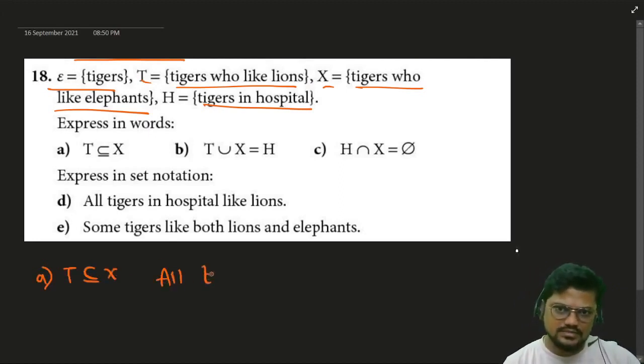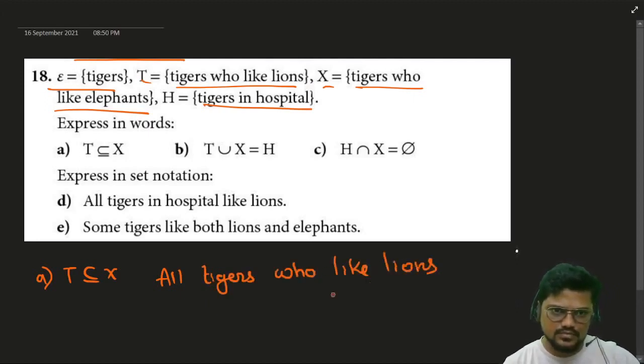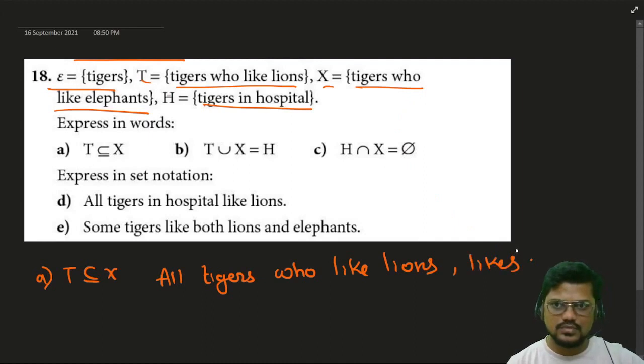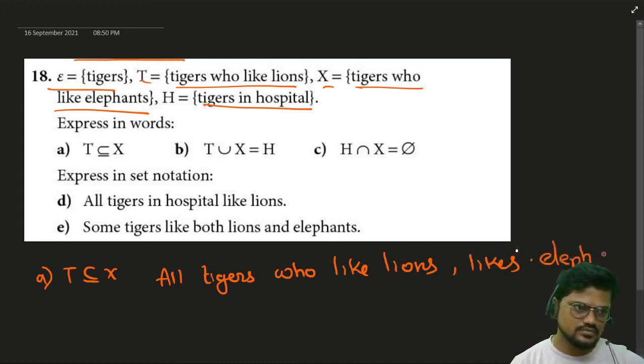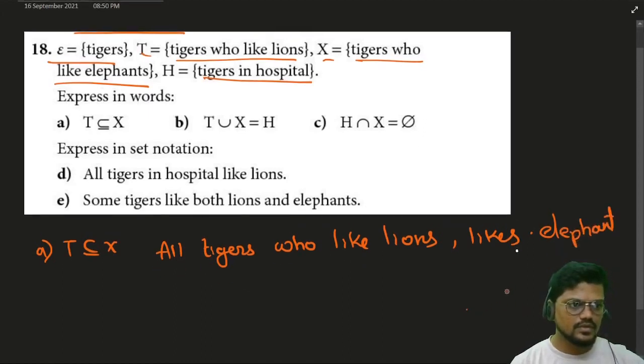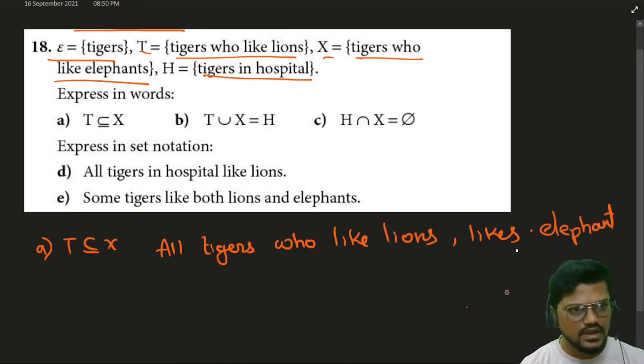All tigers who like lions like elephants also.